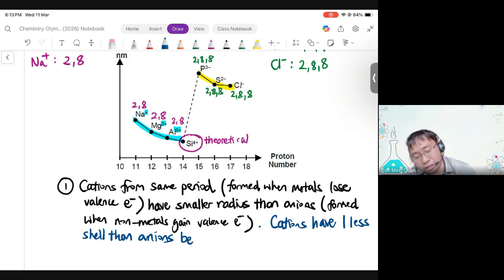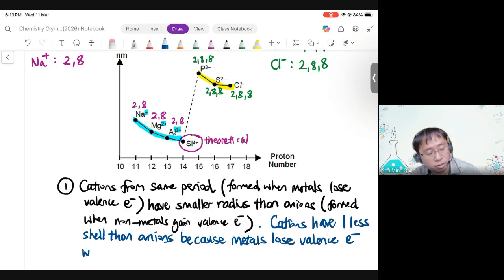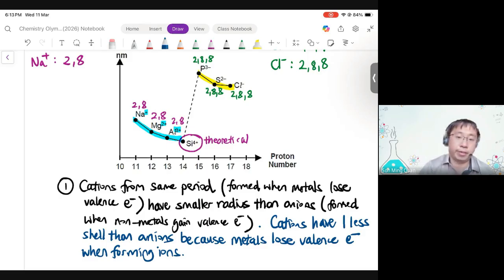And they have one less shell because metals lose valence electrons when forming ions. Okay, so I'm going to give you some time to take this down, internalize it.